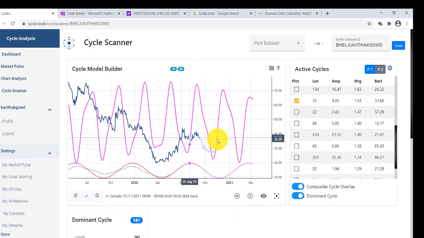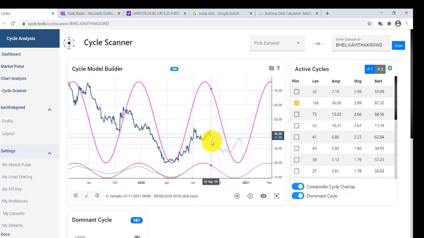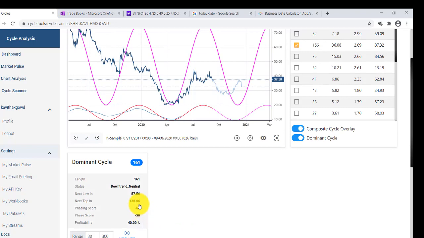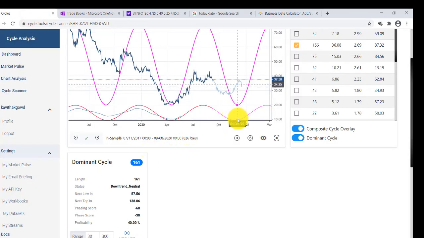So instead of this, let's apply 166. So here you see on December 9th, yeah, the dominant cycle, actually the cycle 57, December 9th. So it seems accurate, but the price moved high.